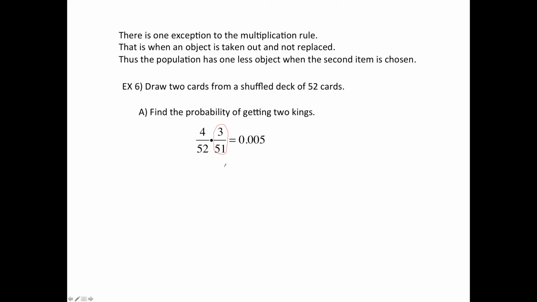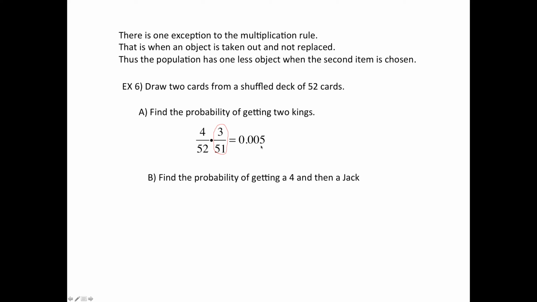As I said, 1 card has been taken out, so there's only 51 cards that remain. How many kings remain? 3. So now multiply. On the top would be 12. On the bottom, divide by 52 and 51. And when you do, it's 0.005. Small chance for getting 2 kings.